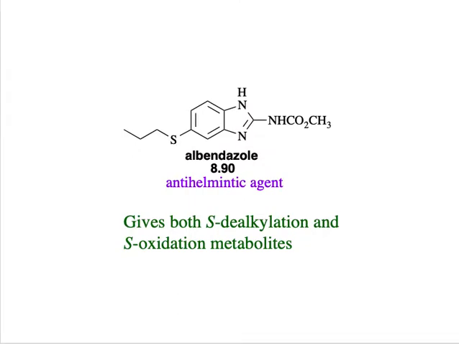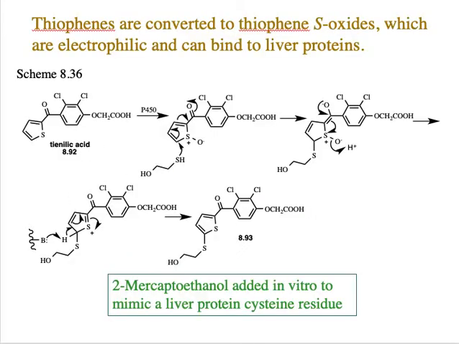Here's albendazole, and in this case we're talking about oxidizing this sulfur, and so we get both the S-oxidized form and the S-dealkylated form. Thiophenes are converted into oxides, and this can be a problem because this can bind to liver proteins. In this case, what they did is use 2-mercaptoethanol to mimic cysteine.